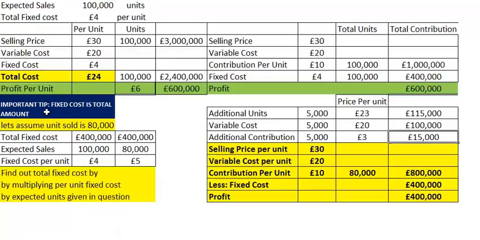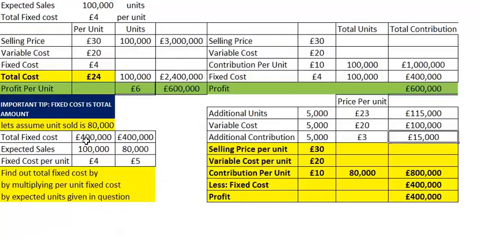One important thing where an exam question can trick you, it will say to you the fixed cost per unit is 4 pound. When you look at the question, it has given you an expected level of activity which was 100,000, and it says to you fixed cost is 4 pound per unit. When you multiply 4 pound per unit by number of unit, you get 400,000 fixed cost.